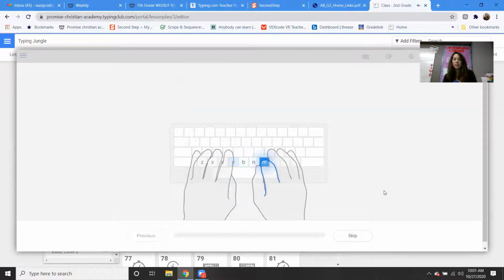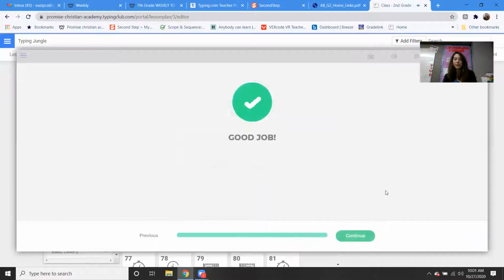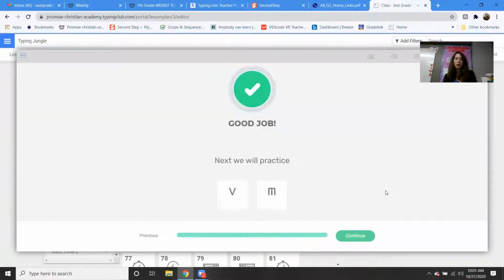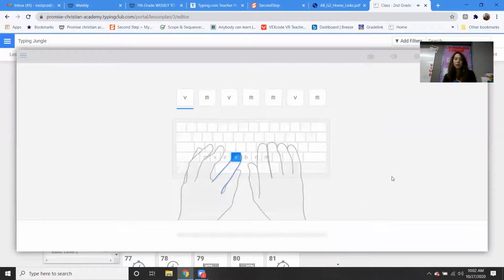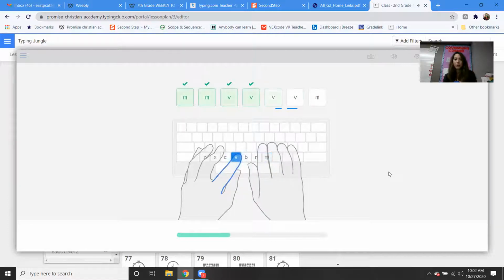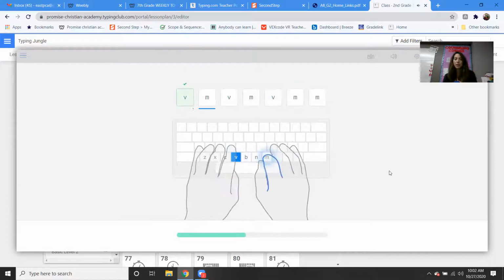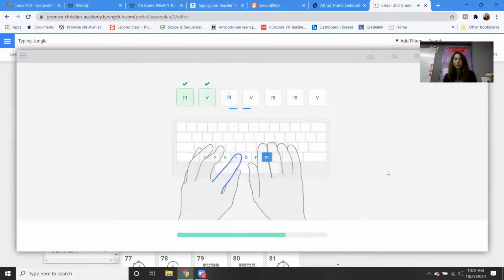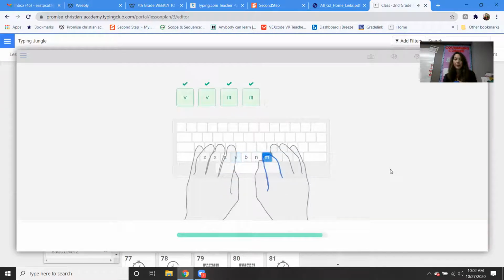With M, it was your right pointer finger that you were bringing down. It's going to go through a series of typing VM, VM, MVM, and you're just following through, making sure that you're using the correct finger on the keyboard. It's pretty short, and you're done.